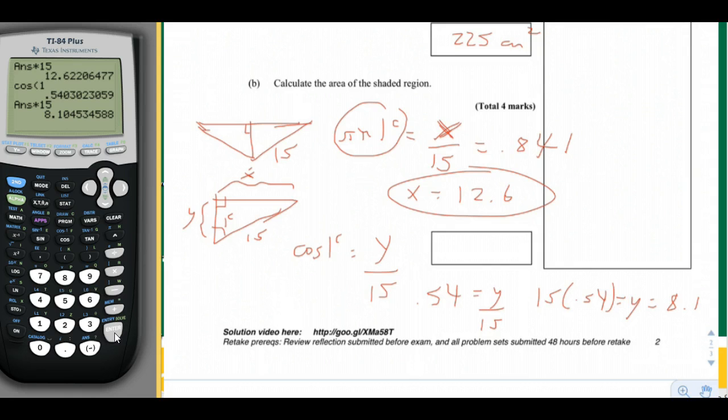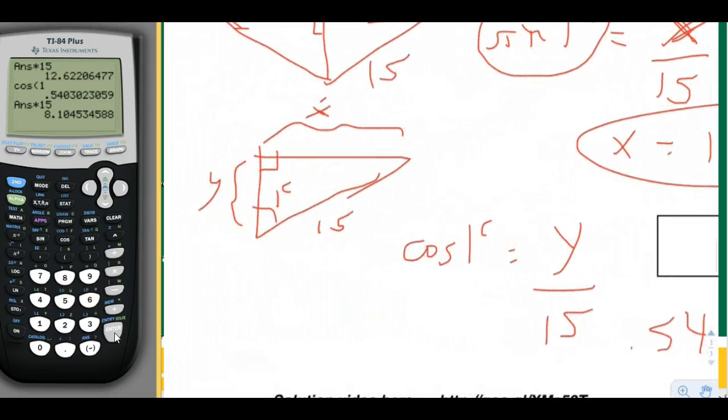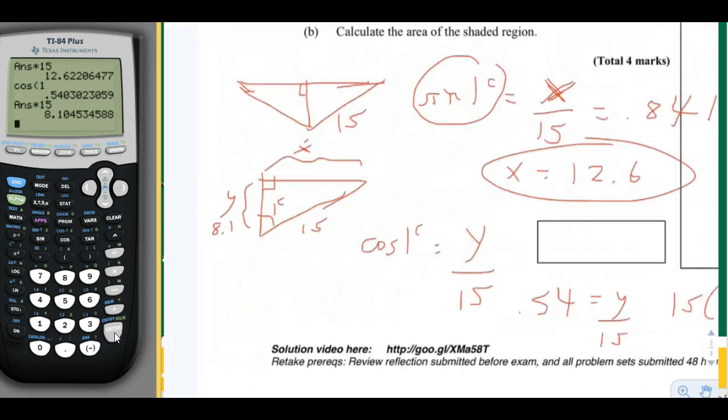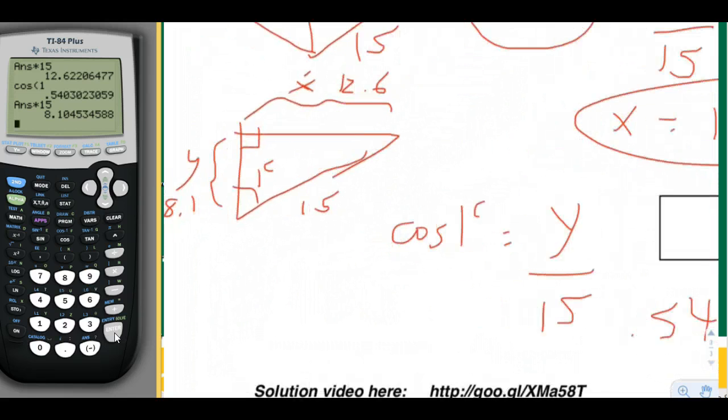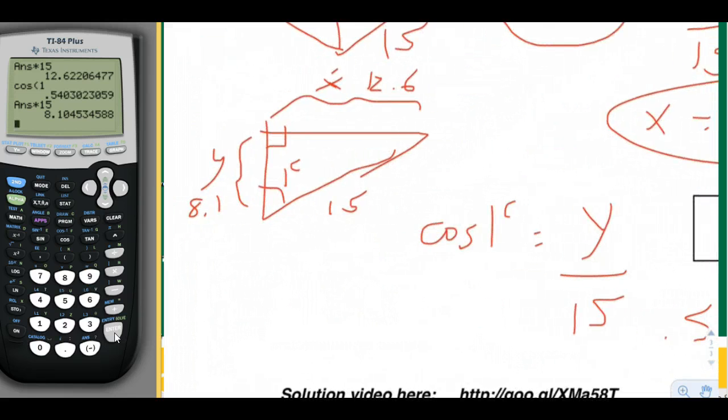Now we know that this y is 8.1. And now we know this x is 12.6. Okay, so now we can figure out the area of this triangle, right? It would simply be 1/2 times base times height.